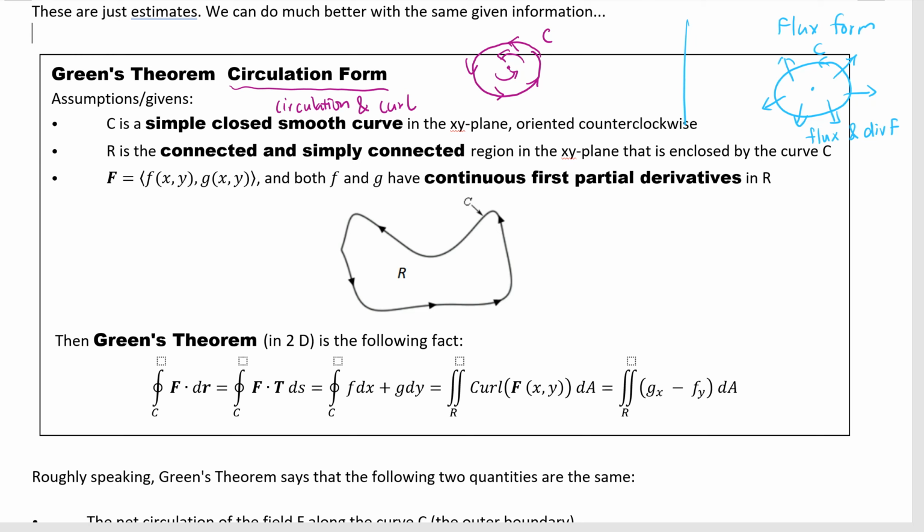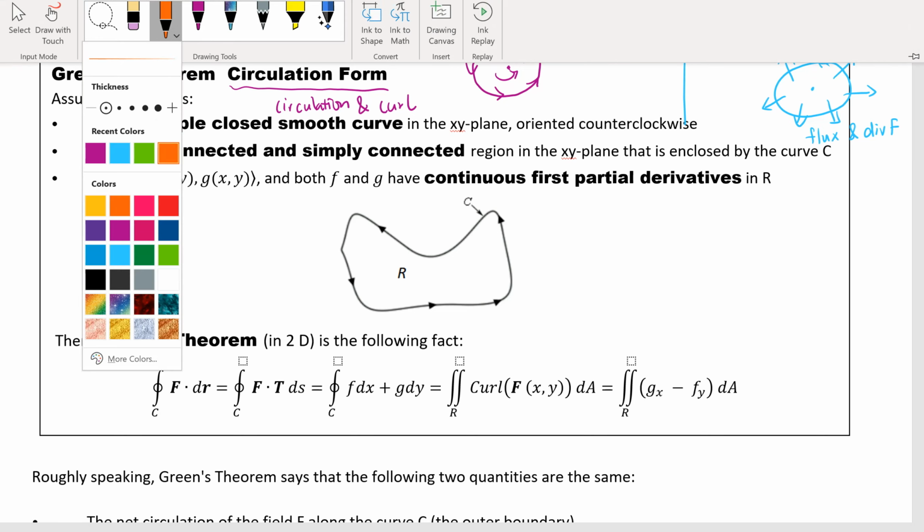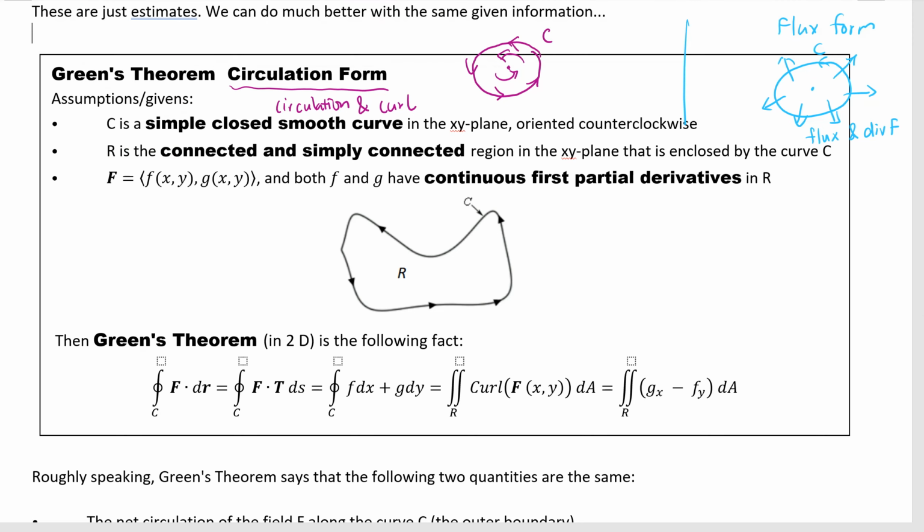So circulation measures how much the vector field is going in the direction of C, so going along C. Okay? And the curl, we want to measure counterclockwise. Okay, so Green's theorem in two dimensions gives us the following facts.